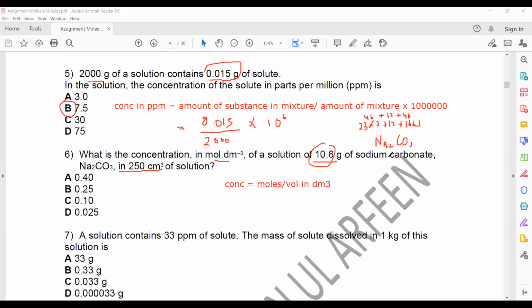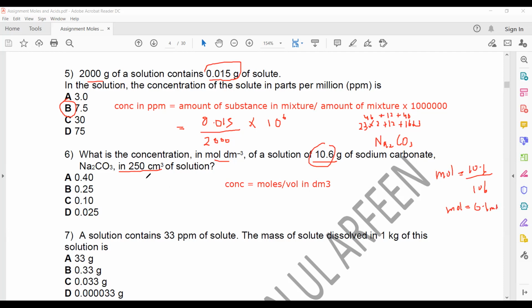So we need the moles first. Moles equal mass in gram divided by molar mass. So 10.6 divided by 106. So we get 0.1 mole.